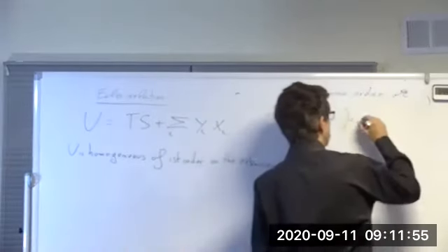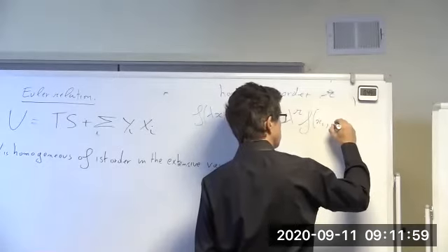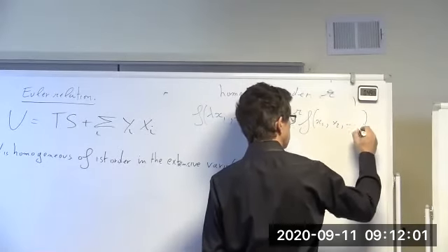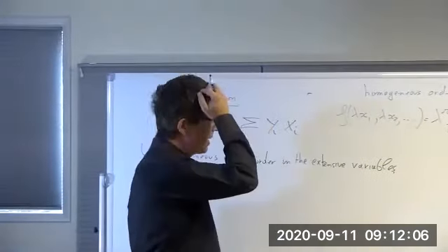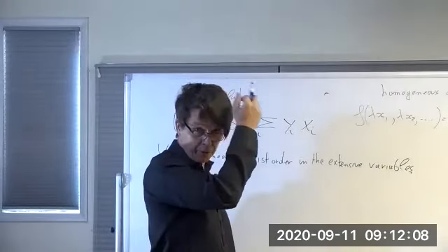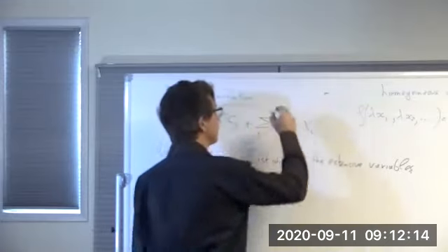This is equal to lambda to the power r times the original function. So being homogeneous of order 1 isn't particularly strange, right? Because it's just a statement of extensivity.